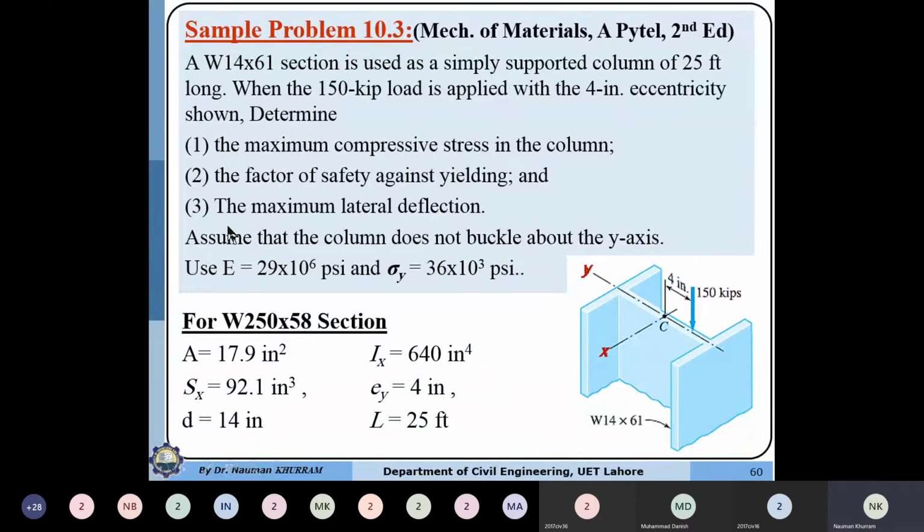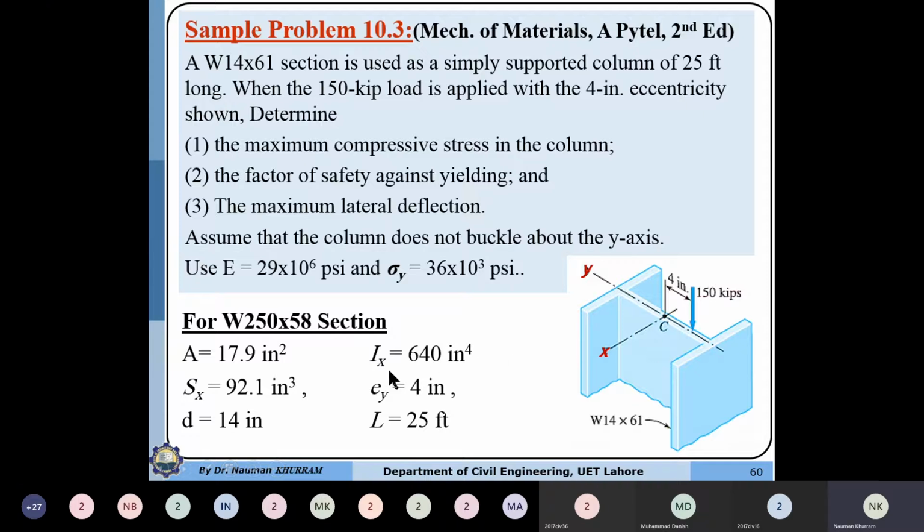If you see the LRFD steel construction manual, for any W section both the SI designation and the US customary designation are given. So here the cross-sectional area is 17.9 inch squared. The moment of inertia about the x-axis is 640 inch^4.